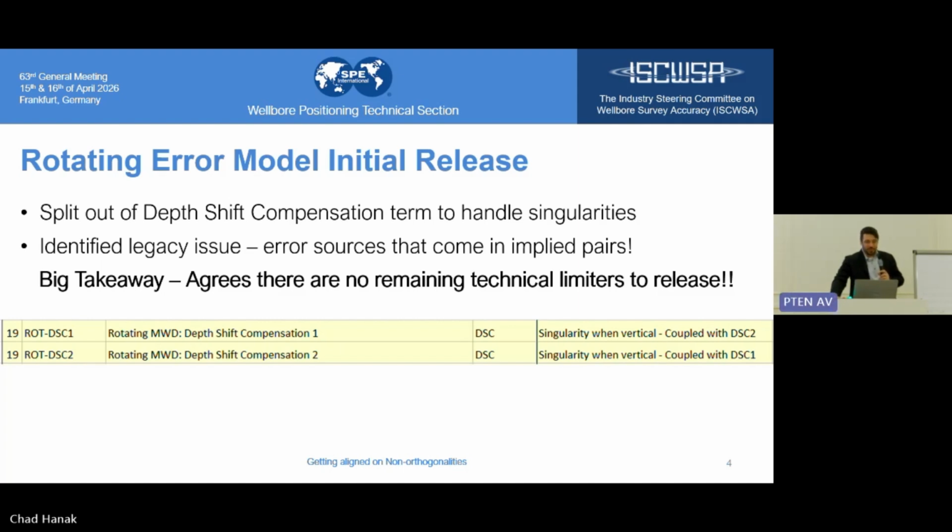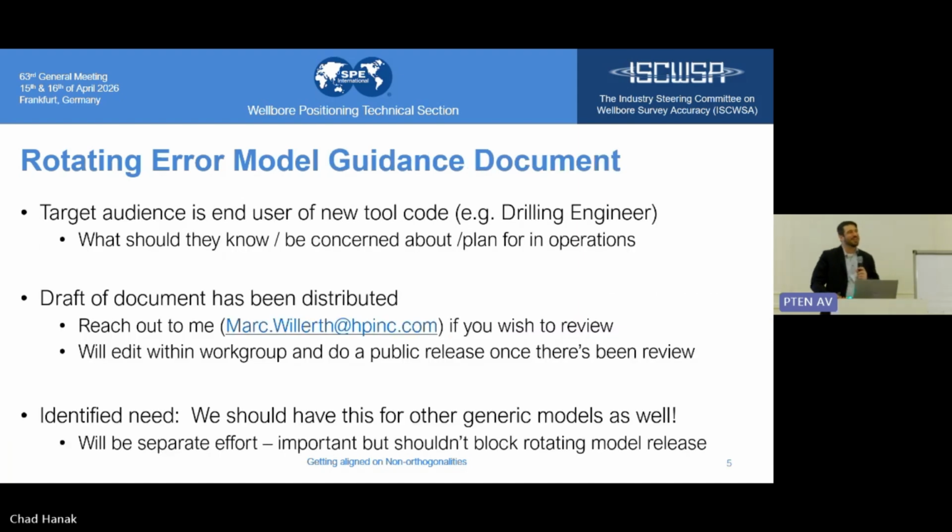Also, when discussing things that walking through this error model has taught us about our legacy generic error models, as we started to review a guidance document around what are the assumptions of that tool code, how is it supposed to be used, kind of like a quick user's guide, we realized that should also probably exist for the existing generic error models, because there's a lot of assumptions, there's a lot of things implied that are not necessarily obvious.